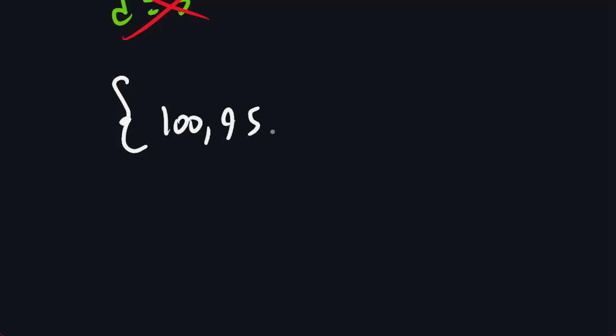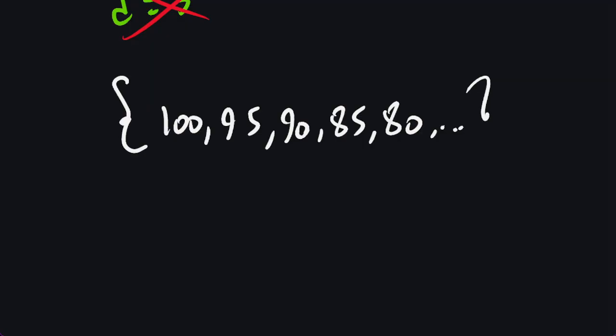We'll go through one more quick example. Let's say we have this sequence, 100, 95, 90, 85, 80, and so on. Okay, now is this an arithmetic sequence? Well, what do we have here? From 100 to 95, it's minus 5.